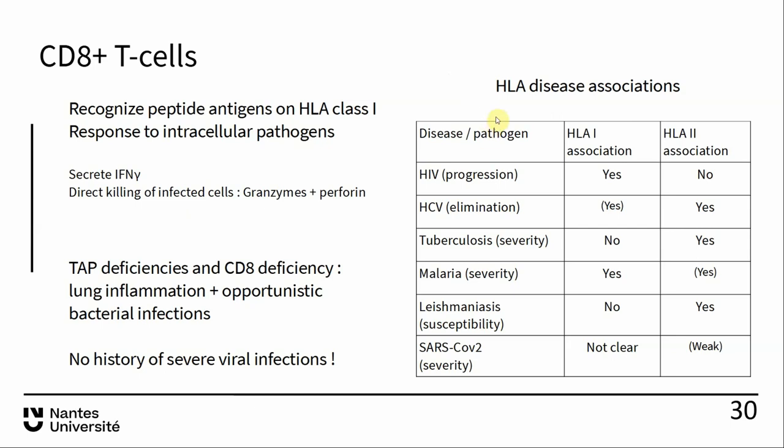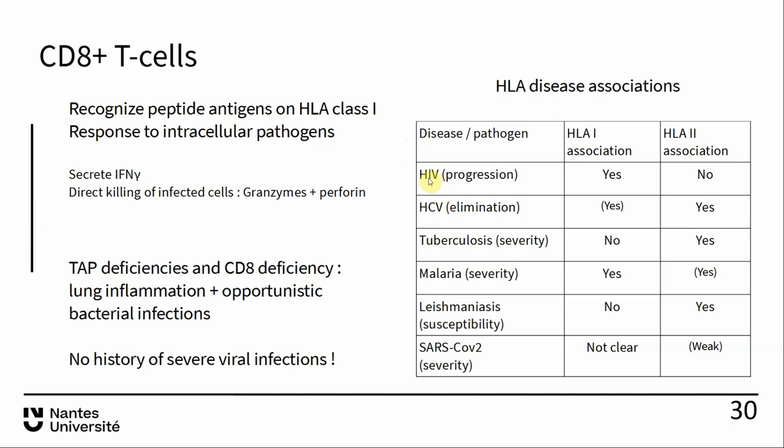And so there have been a number of studies done to identify whether there are protective or deleterious HLA class 1 or class 2 genotypes associated with a variety of diseases. Perhaps the one that is the best known is HIV.